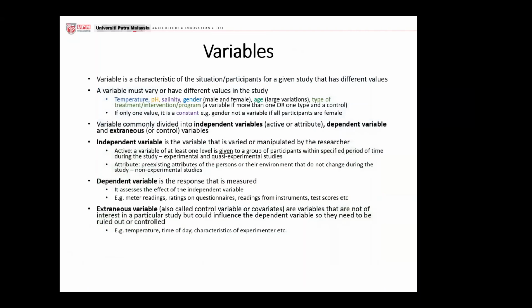So variables, recall back. What is a variable? A variable is a characteristic of the situation or participant. This depends. If your study relates to a sample where you go out and do your sampling, the variable is something that relates to the situation around that time.